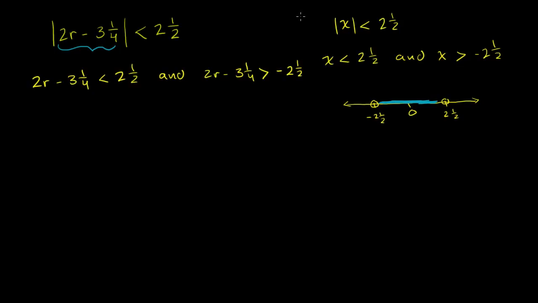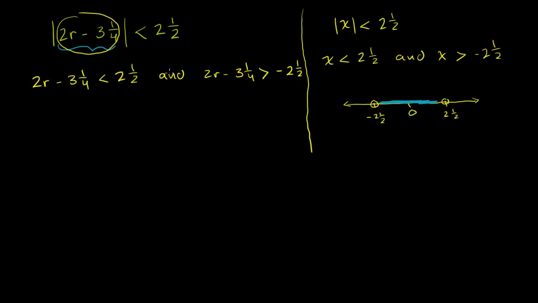Same exact reasoning here. Let me draw a line so we don't get confused. This quantity right here has to be between negative 2.5 and 2.5. So that's all I wrote there.